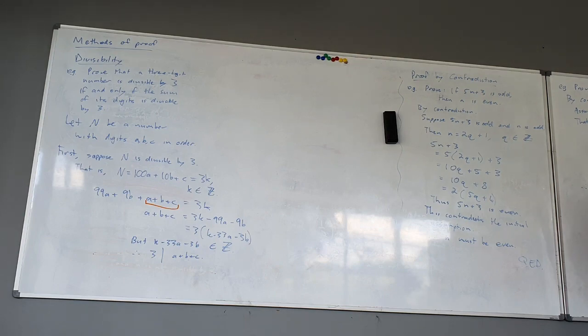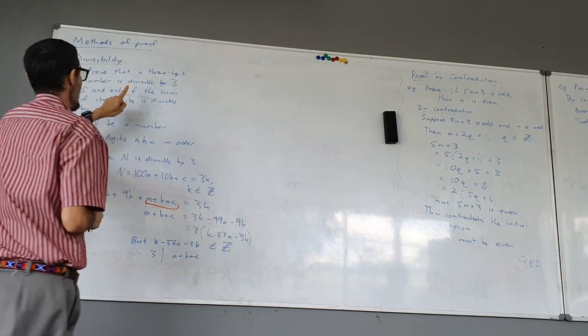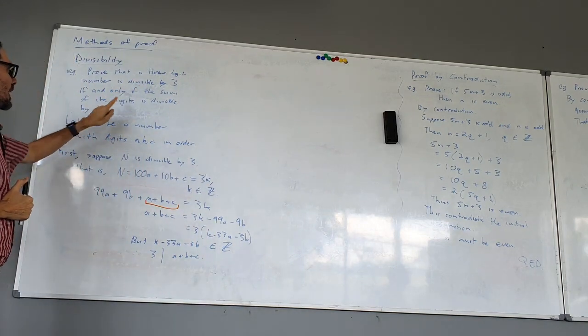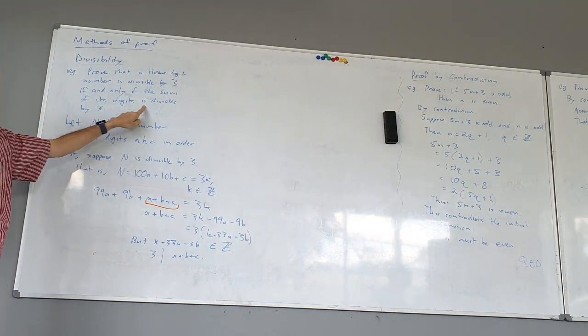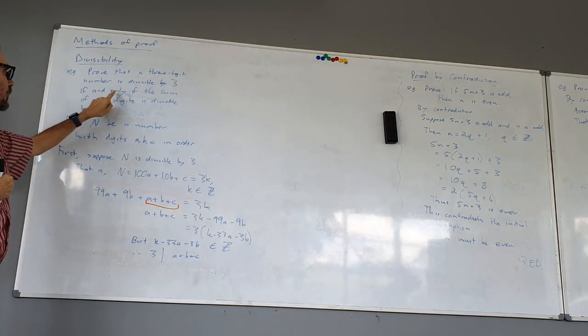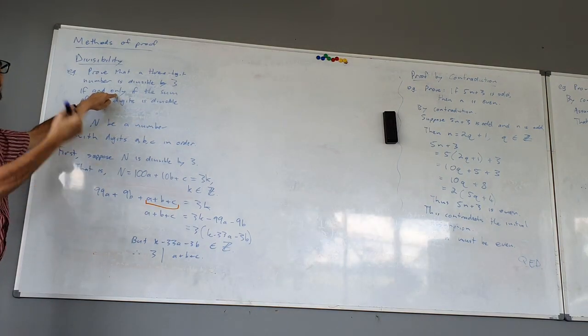Have I finished yet? No. I have proved that if it's divisible by 3, then the sum of its digits is divisible by 3. But I have to prove if and only if, so I have to prove the other direction.